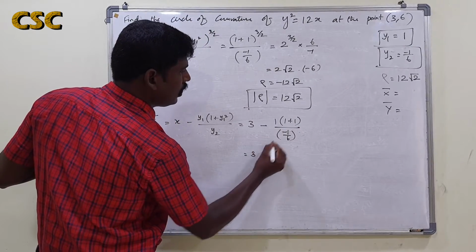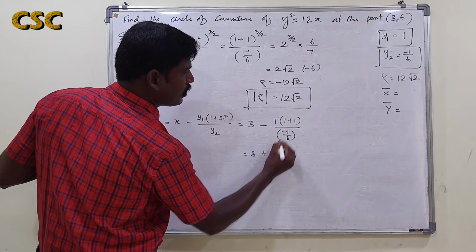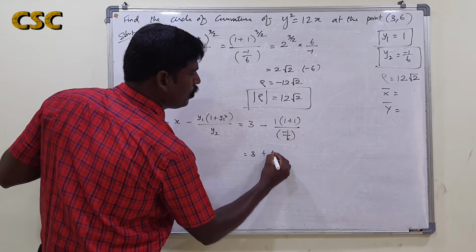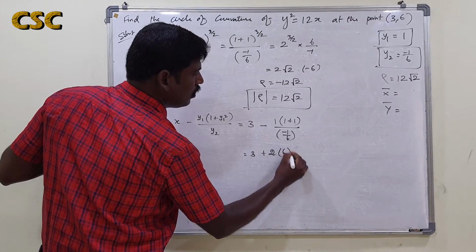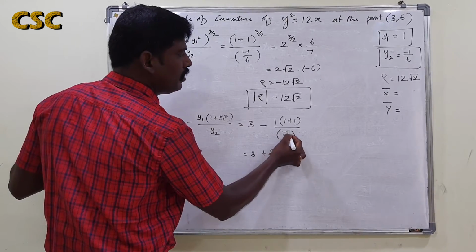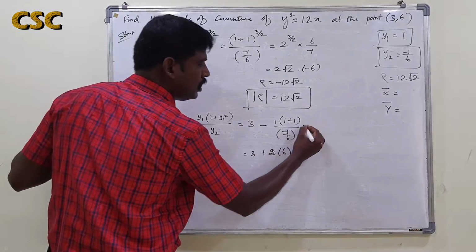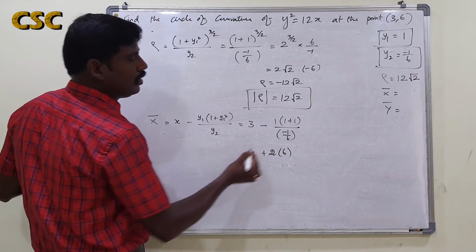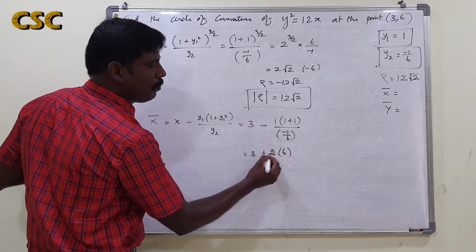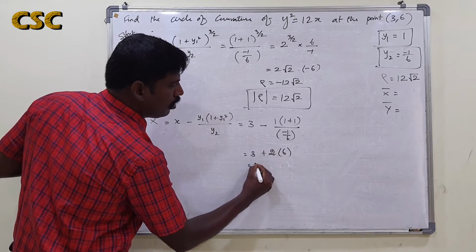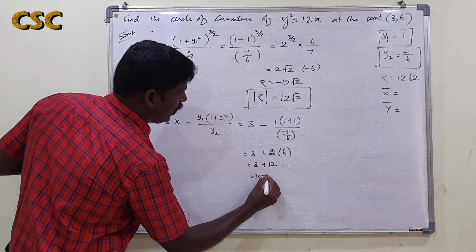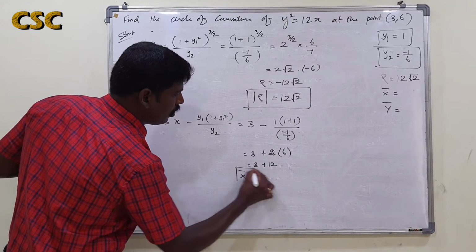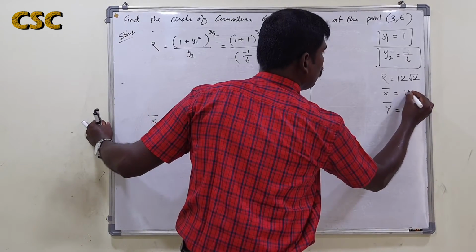So 3, this minus becomes plus. 1 plus 1 is 2. 1 into 2, 2 into this 1 by 6 becomes 6, since division becomes reciprocal multiplication. So 6 by 1, that can be written as 6. This minus together with this minus will become plus. So what is the value? 3 plus 3 into 2 is 6, so 12. So that is equal to 15. So the value of x bar is 15.